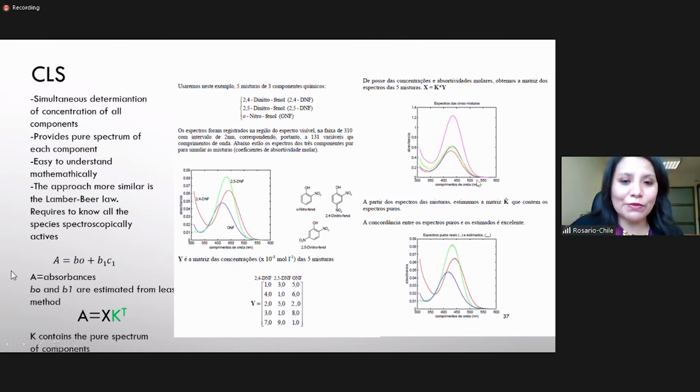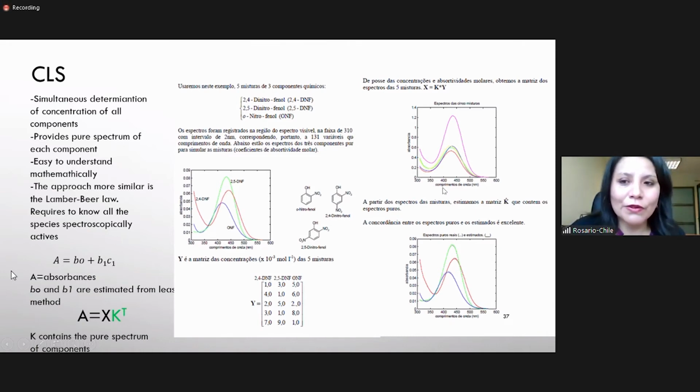It's impossible to estimate 2,4 or 2,5 dinitrophenol in an independent way. So using this data as the X matrix, and then applying this simple equation where absorbance is equal to X multiplied by a matrix K that I don't know, it will be possible to quantify.